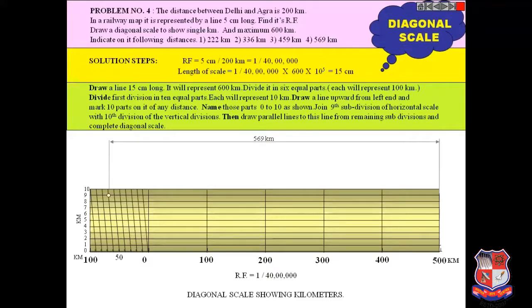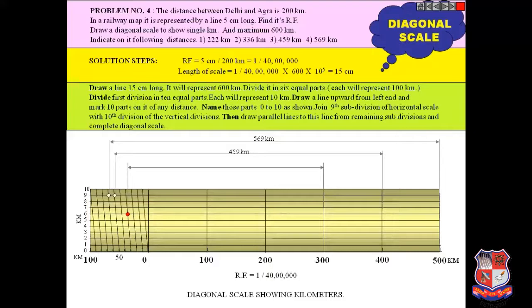Okay, in the same way 459. So you have to show the 400 point here and 50 into 9. So the second point, your 59, is here. So you have to show 59, 459 kilometer. In the same way, the third point, 336. So here is your 300, again 0, 1, 2, 3, 30 into 6. So the point is here. So it will show your 336.